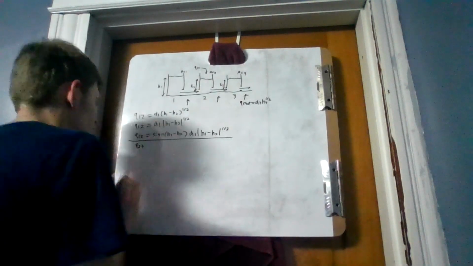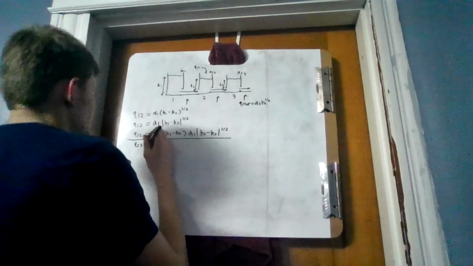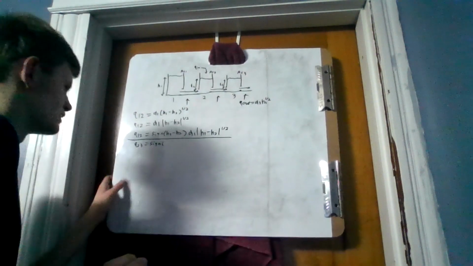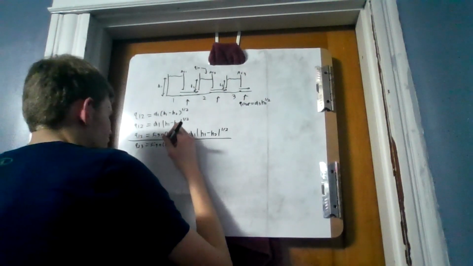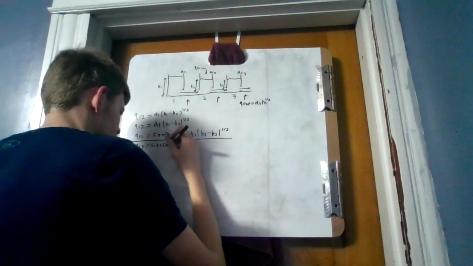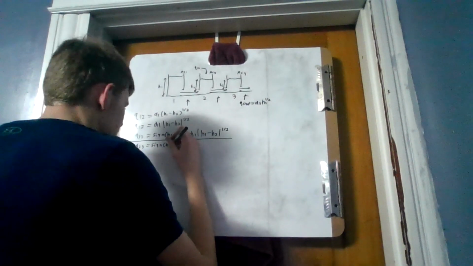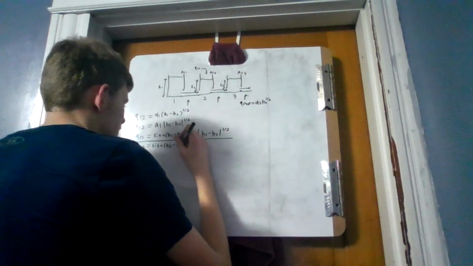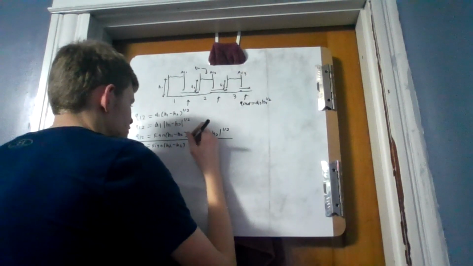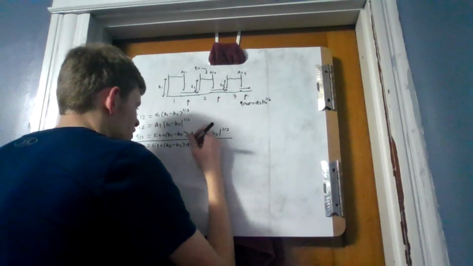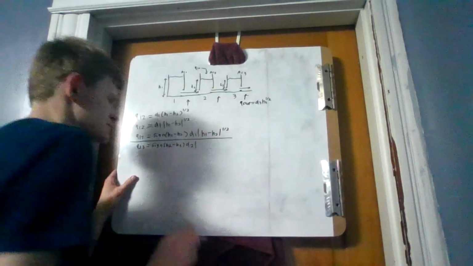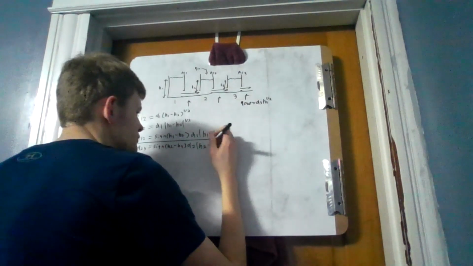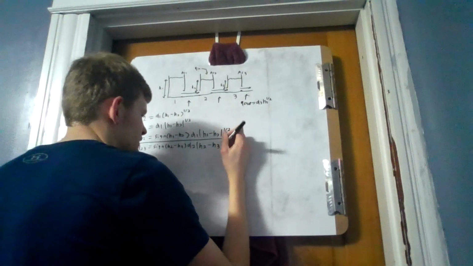Our flow rate from 2 to 3 is equal to the sign of our fluid height of tank 2 minus our fluid height of tank 3, times the alpha value of 2 and the absolute value of our fluid height of 2 minus our fluid height of 3.